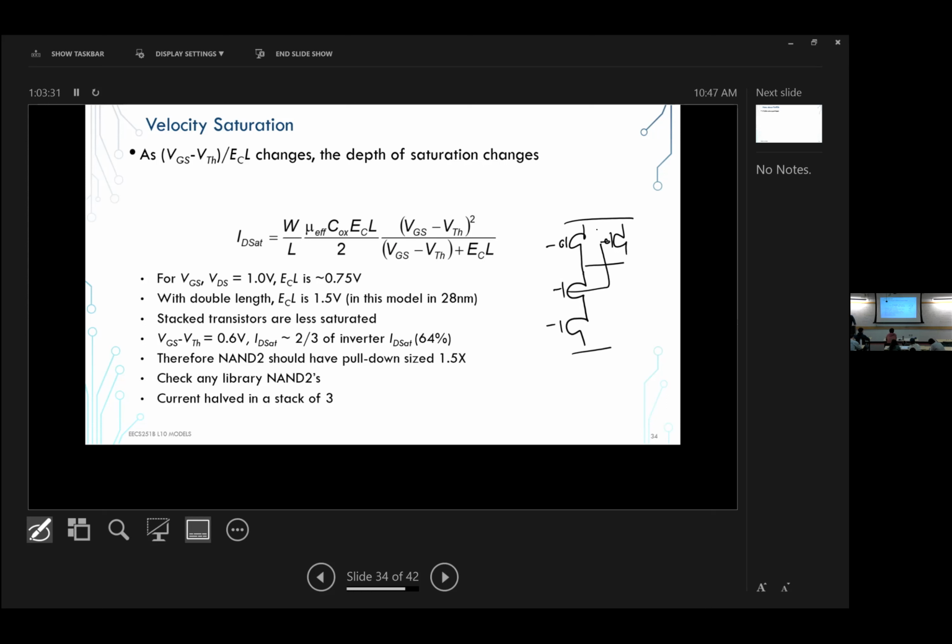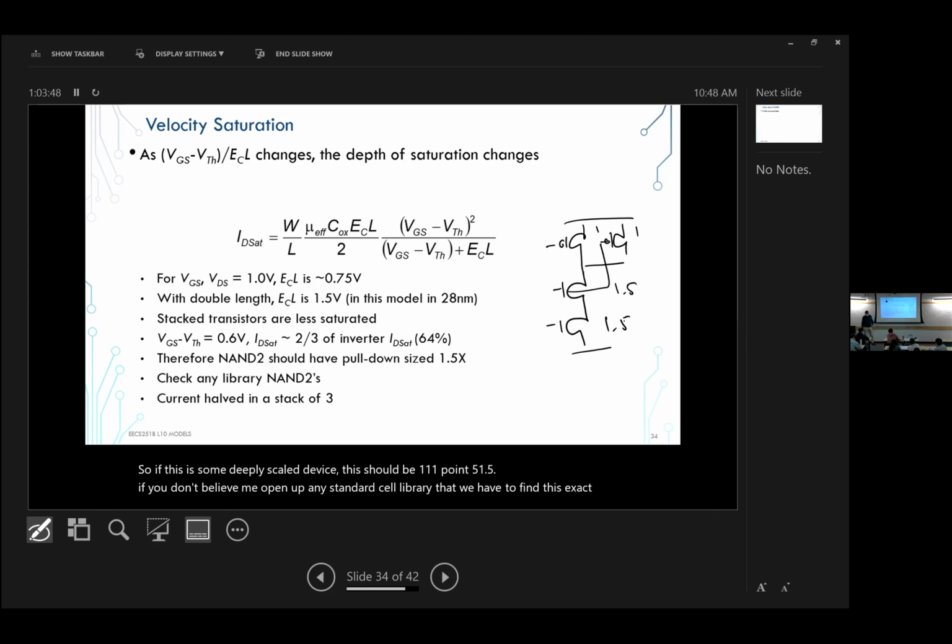If this is some deeply scaled device, this should be 1.1, 1.5, 1.5. If you don't believe me, open up any standard cell library that we have. You'll find these exact sizing factors.